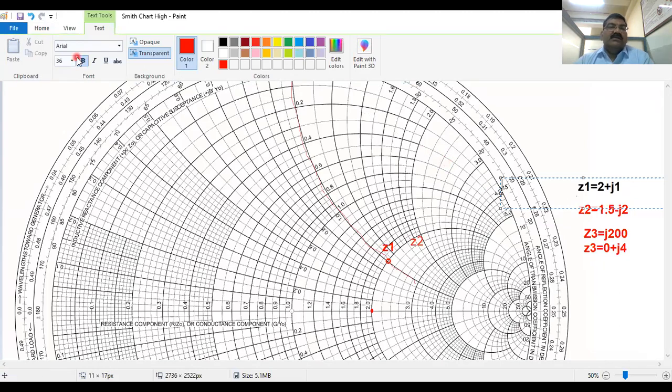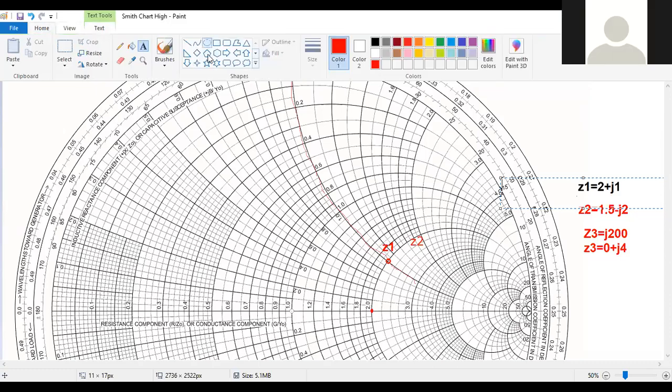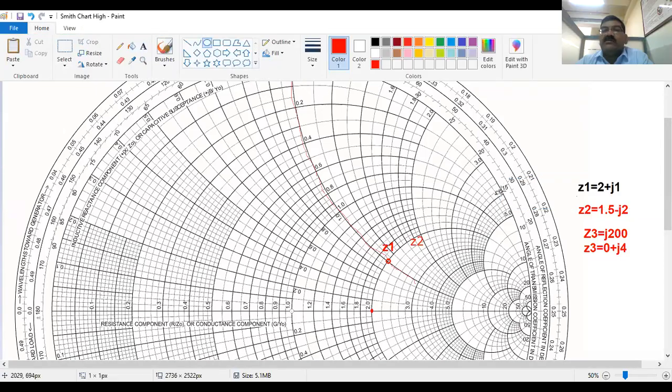I'll mark this point as 4. Okay, so this is 4, and what is my impedance?